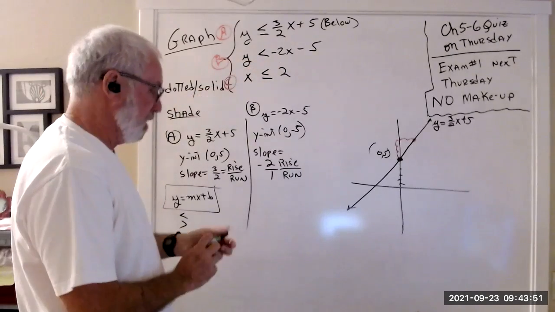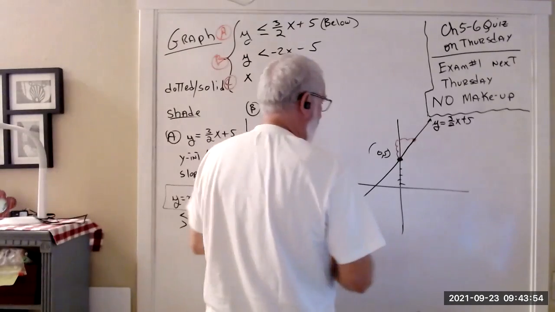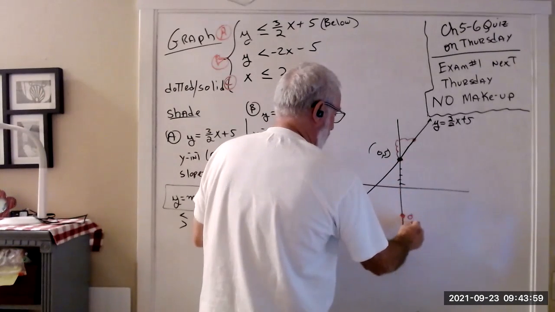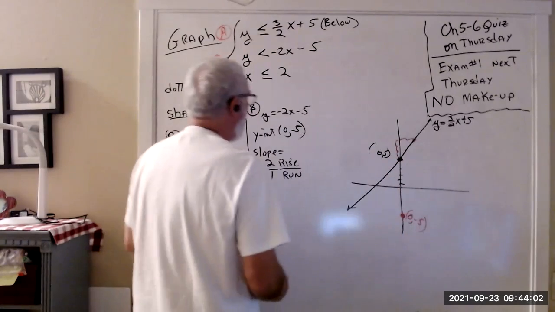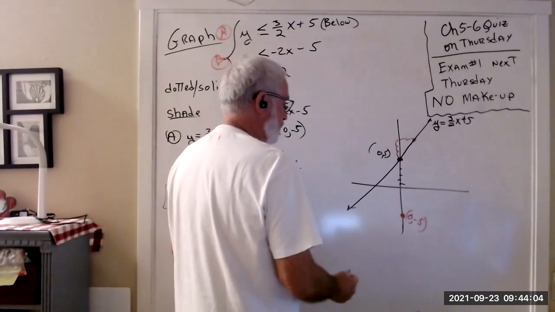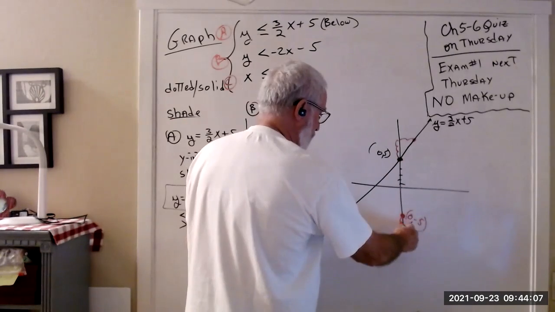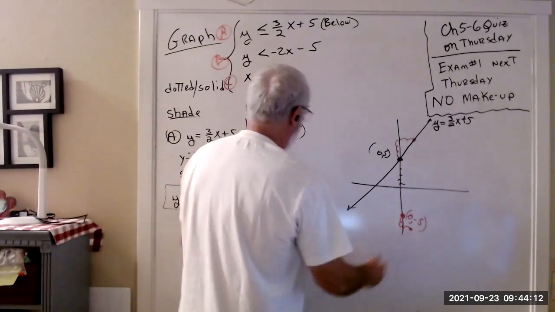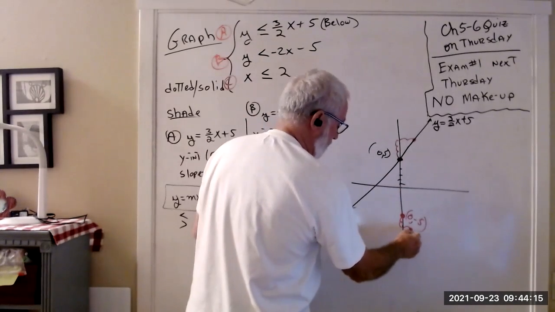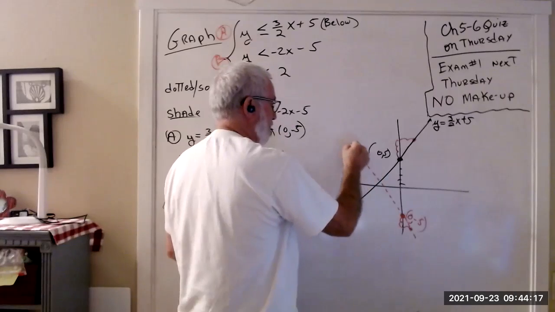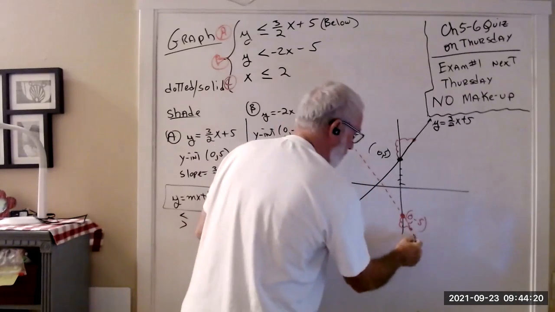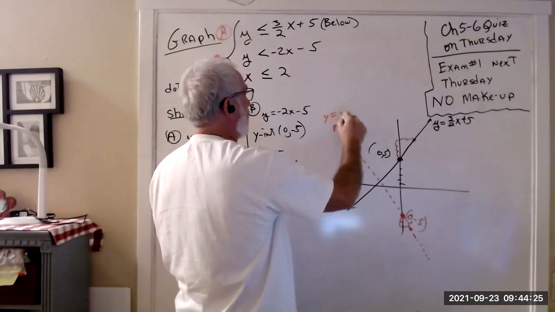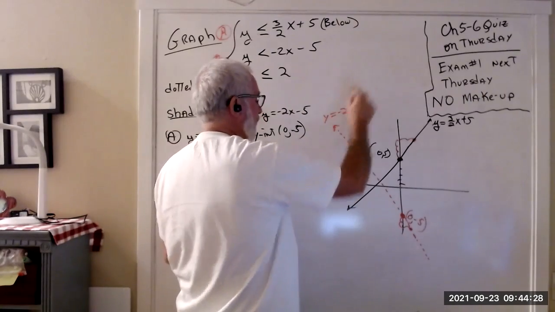So we start at (0, negative 5). If this was positive 5, this is negative 5. We're going to rise negative 2, run positive 1, and we're going to dot it. And we label the line as the equation y equals negative 2x minus 5.